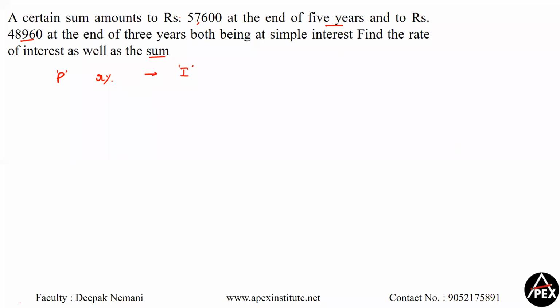Now, amount at the end of 5 years is given to be 57,600. Now, can I write this as P plus 5I, where P is the principal and I is the interest accrued in each year? Yes or no? Quick responses.